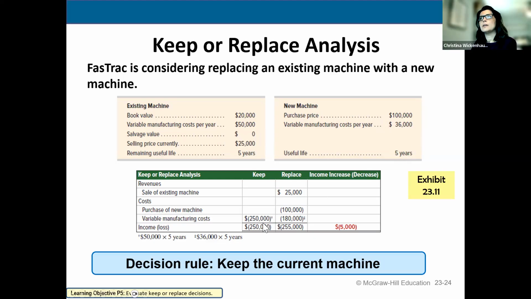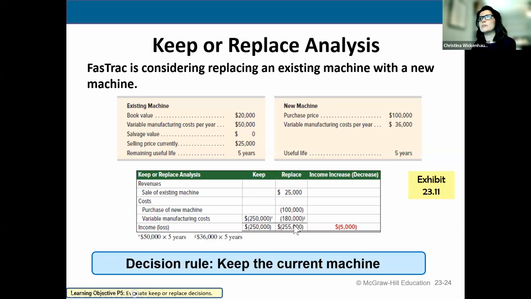So if we keep it, our variable manufacturing costs, 50,000 a year times 5 years, is going to give us $250,000. We're looking at it over this 5-year period, so if we replace it, the sale of the existing machine will bring in 25,000, and the new machine is going to cost us 100,000, but our variable manufacturing costs are going to be 36,000 times 5 years.